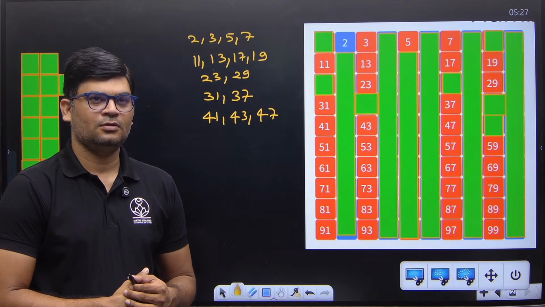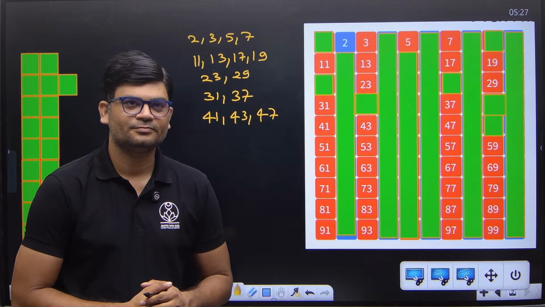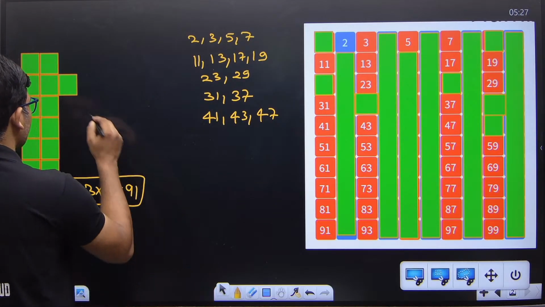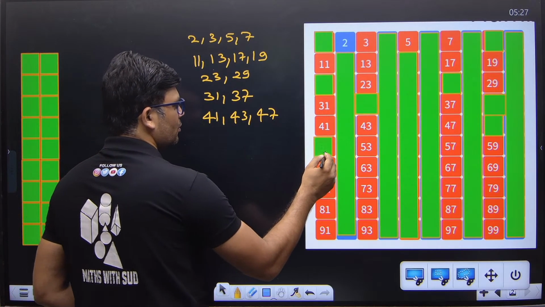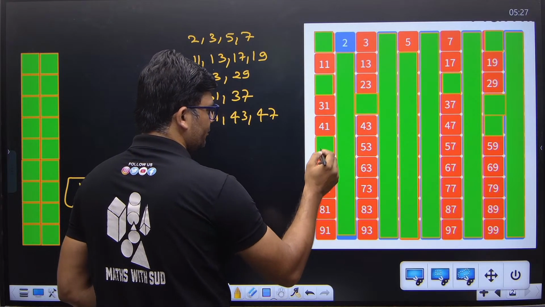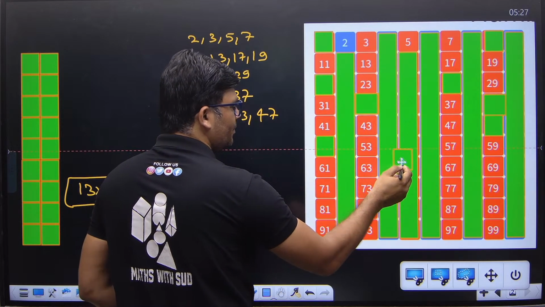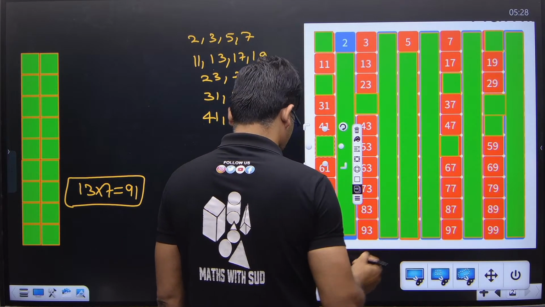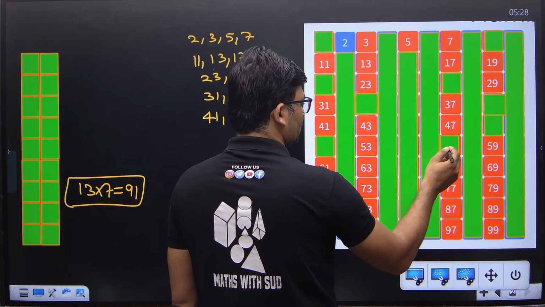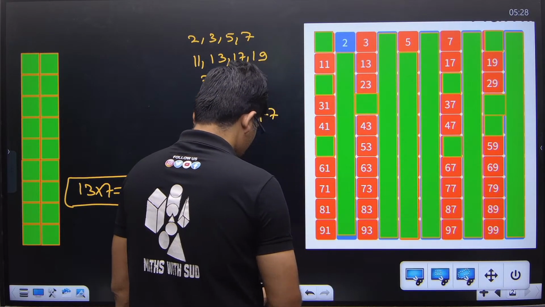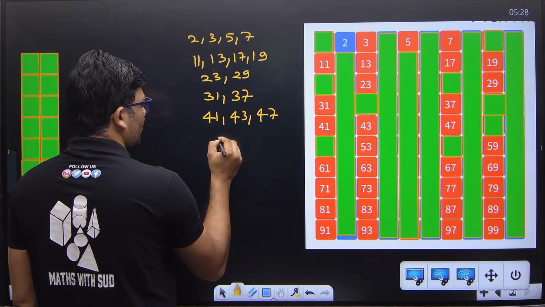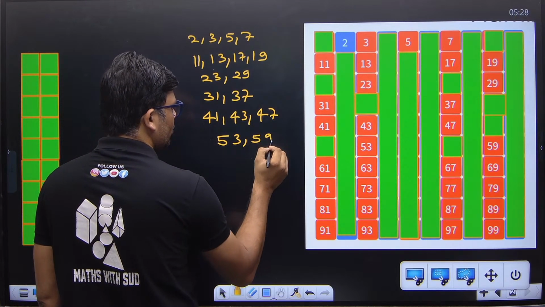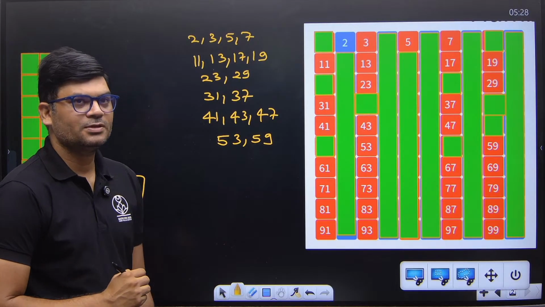So 51 has digital sum 6, so it is divisible by 3 for sure. What about 57? What is 5 plus 7? Oh, sorry, I was looking at 53. Yeah, 57 is divisible. So that means 59. What about 7? They are also not divisible by 7. So we will write 2 more numbers, 53 and 59. They are also prime numbers.